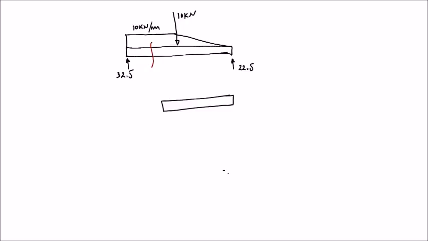Now we need to represent all the forces we have on this right section, which is 22.5 kilonewtons reaction at point B. We have this 10 kilonewtons concentrated load. We have this triangular distributed load, and we have this small bit of our UDL.